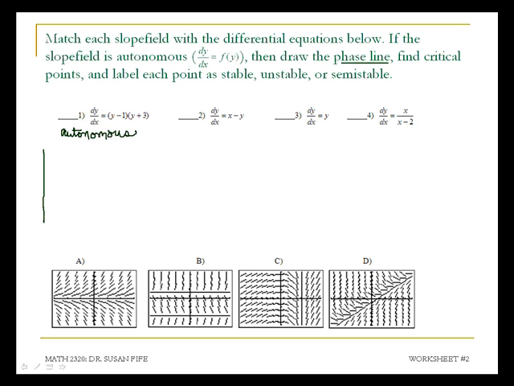So the slope is the same as the derivative, and so if I take this derivative and set it equal to 0 and solve the equation, 0 equals (y minus 1) times (y plus 3), then we can apply the zero factor property, and solve both of these equations so that the first becomes y is equal to 1 and the second becomes y equals negative 3.